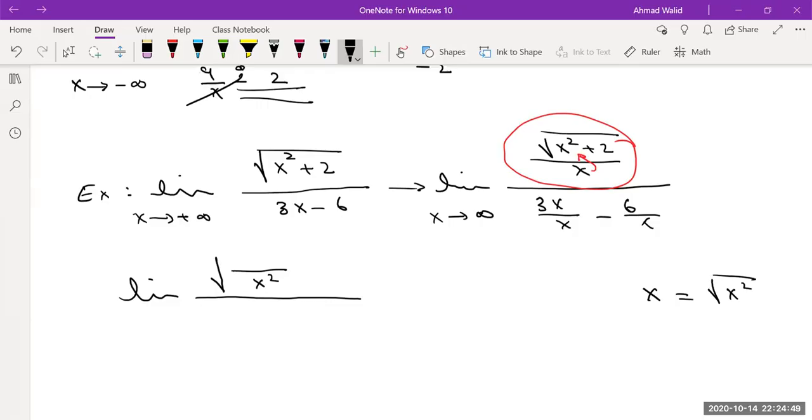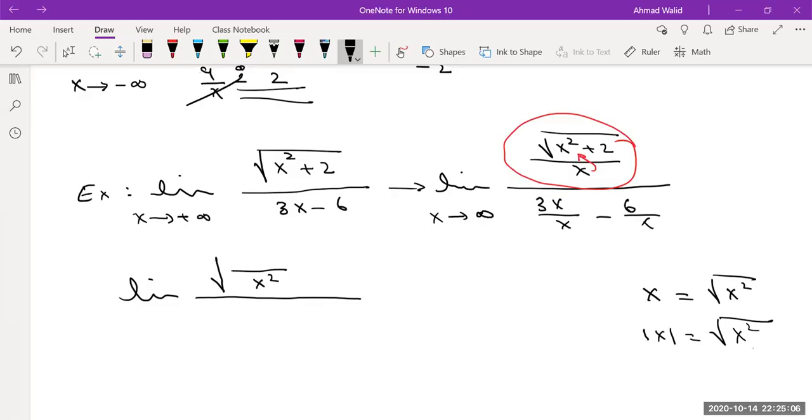Is this true? Somehow it's not true. This one is true: the absolute value of x equals the square root of x squared, right?